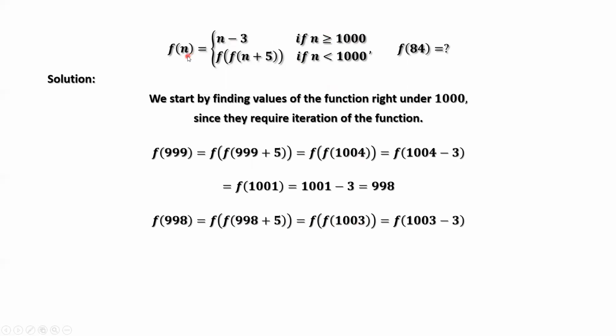We use the first formula, equals n minus 3. 1003 minus 3, which is f of 1000. Come back to use the first formula again. It is 1000 minus 3 equals 997.